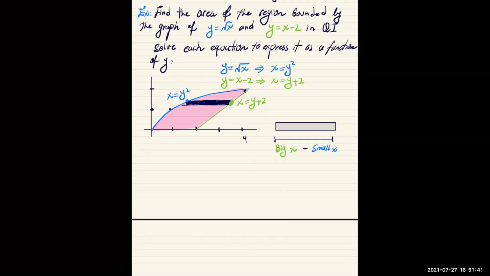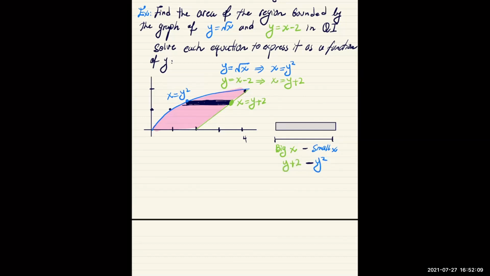The big x is this, x equal to y plus 2, minus the small x, which is this one, and it's given by y squared. So that's the length of the rectangle, and it's in terms of y.